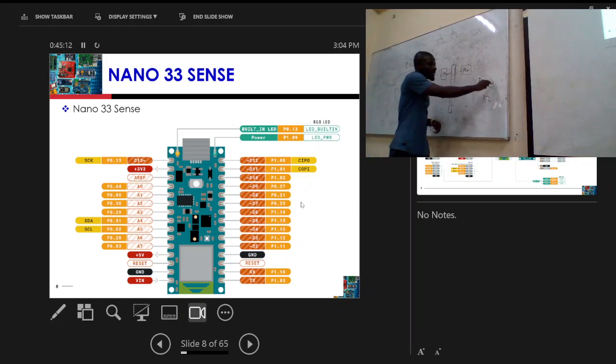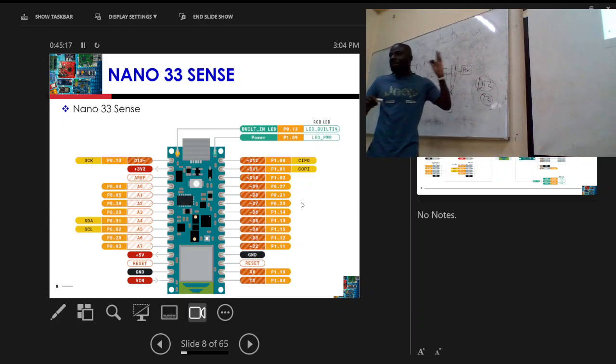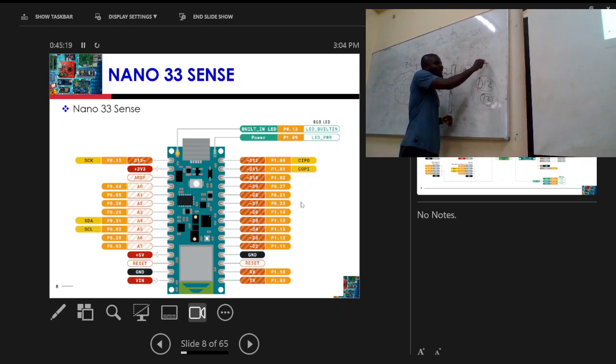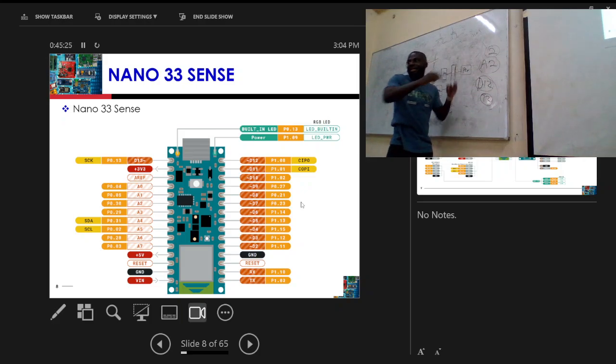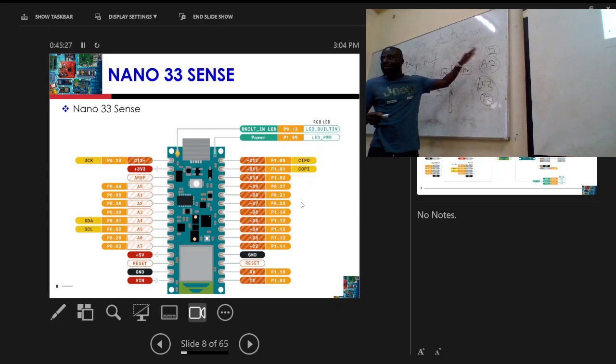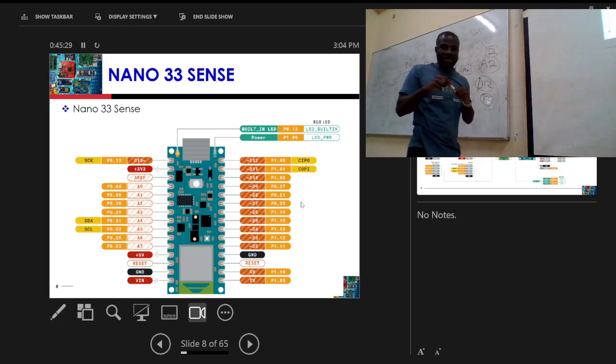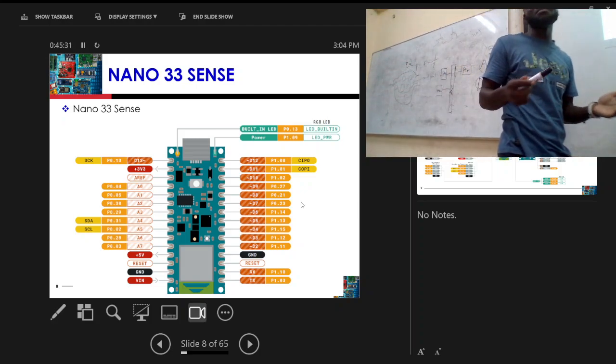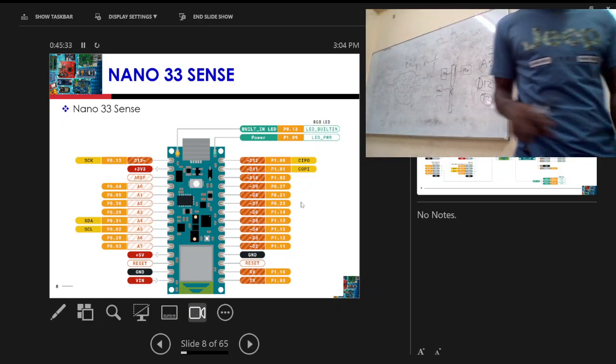But if I want to use an analog pin, I must always use the A, then the pin number, like A2. If I just use 2, it will assume that it is a digital pin. Understood? Very important. This can be an objective question.